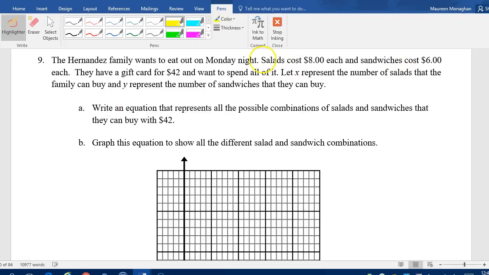Okay, so salads, $8 each, and X is going to be the salads. And then $6 each, and that's the sandwiches, and that's going to be represented by Y. And our total is the 42.